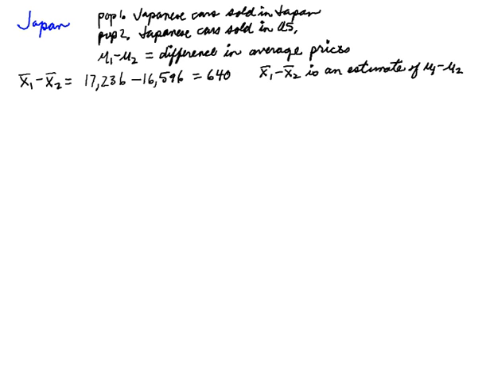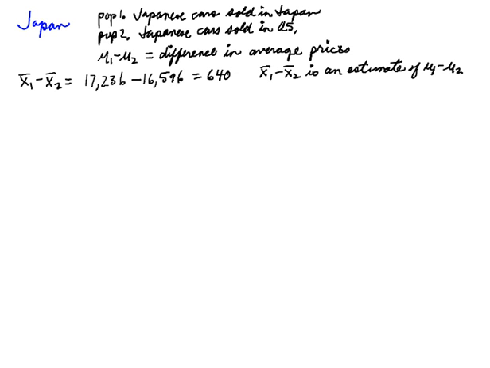X1 bar and X2 bar are estimates. They're not mu1 and mu2. If I knew what mu1 and mu2 were, the actual population averages, I would know exactly what the difference is, and there would be no reason to run a test or build a confidence interval. I would have the exact information.